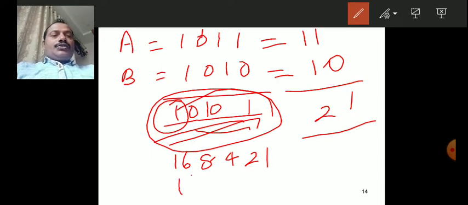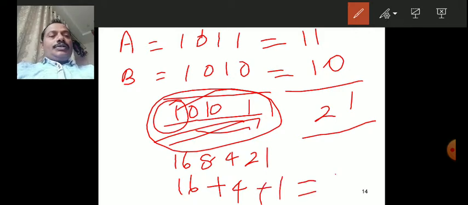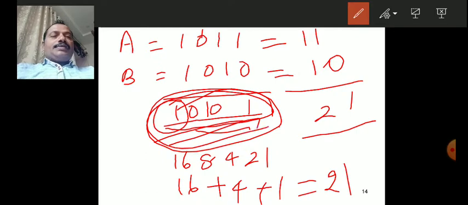So 16 plus, 8th place is 0, the 4th place is 1, hence take 4, and the 2nd place is 0, hence you should not take it. Next plus 1. So how much is it? 21. That means 1011 plus 1010 is 10101. So this is the final result.